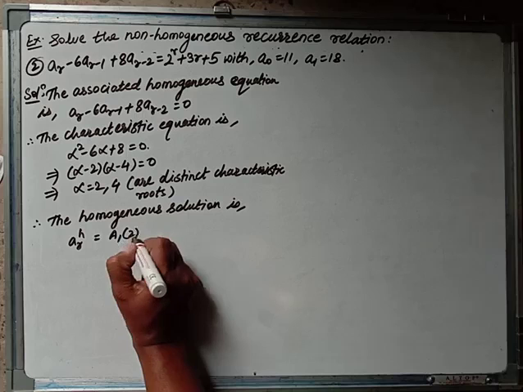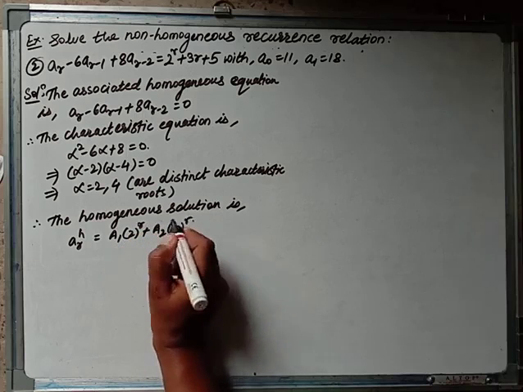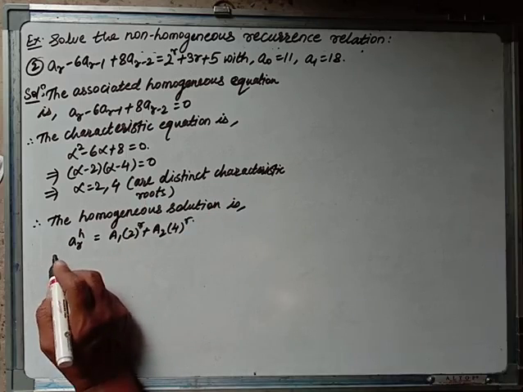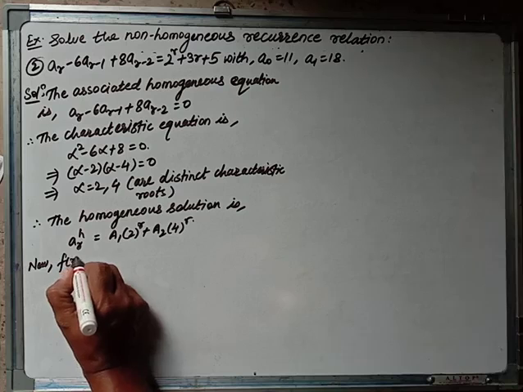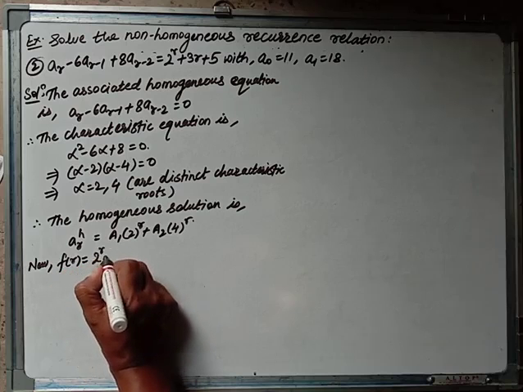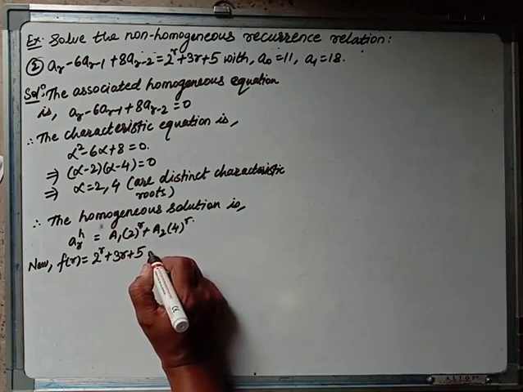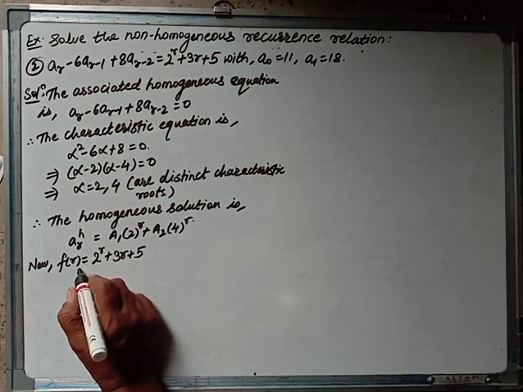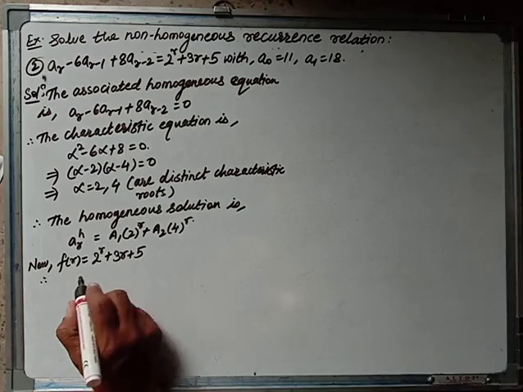A1 into 2 raised to r plus A2 into 4 raised to r, as they are distinct. Fine. Now, f of r is equal to 2 raised to r plus 3r plus 5. Therefore, it is not of the same kind.